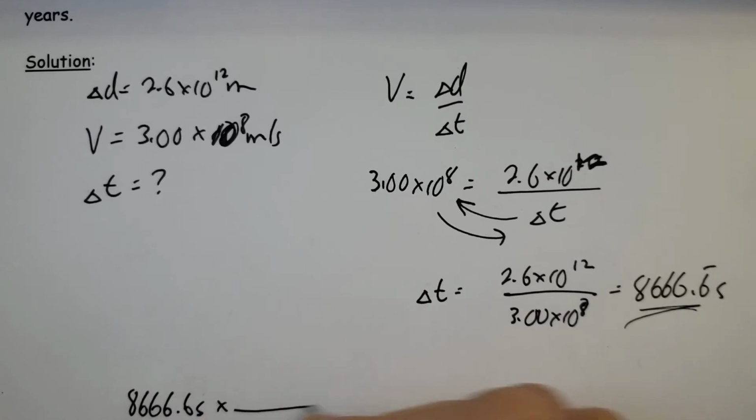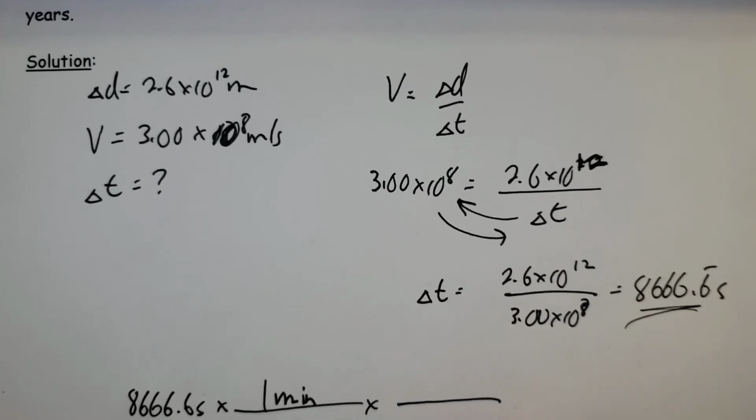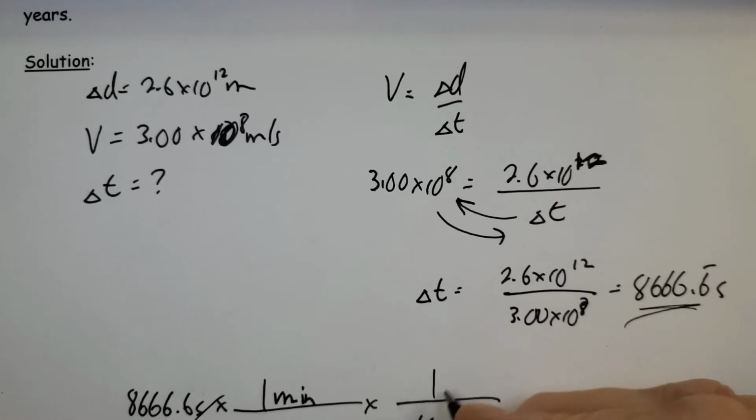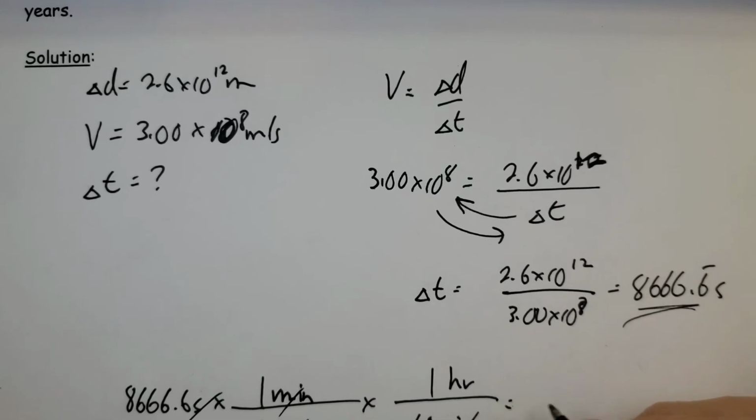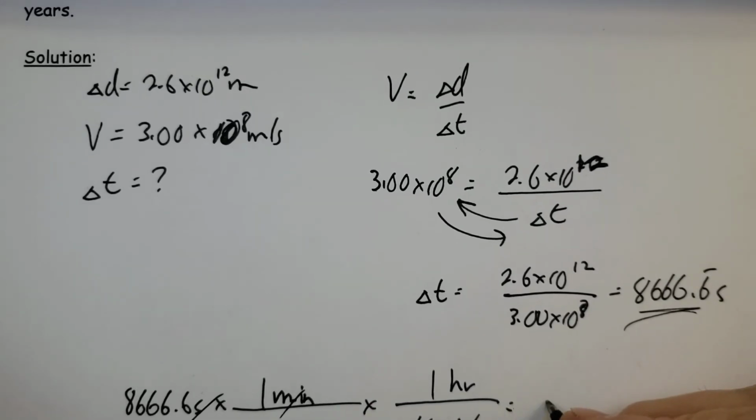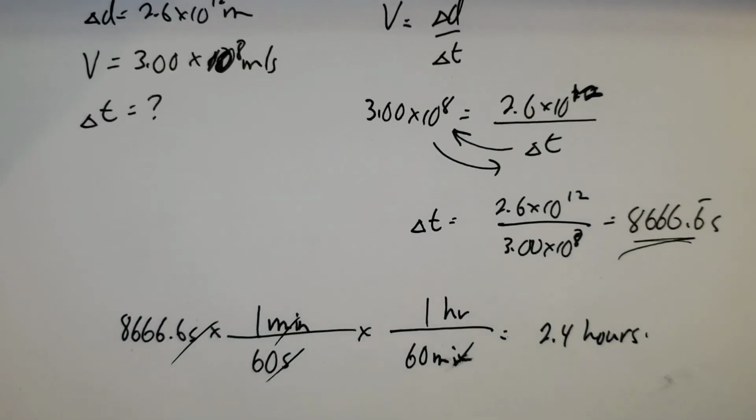60 seconds is 1 minute, but we'll go one more step because I think we'll have to deal with it in terms of hours. 60 minutes is 1 hour. And I think we get something like 2.4 hours.